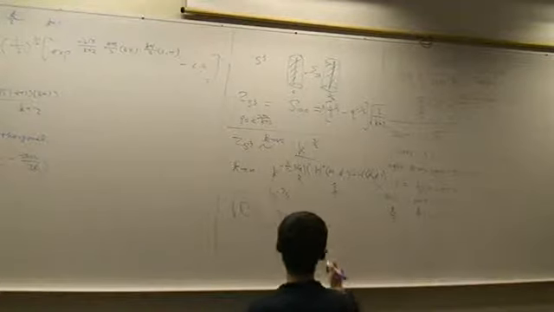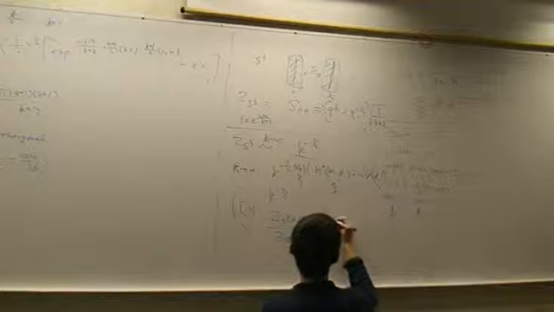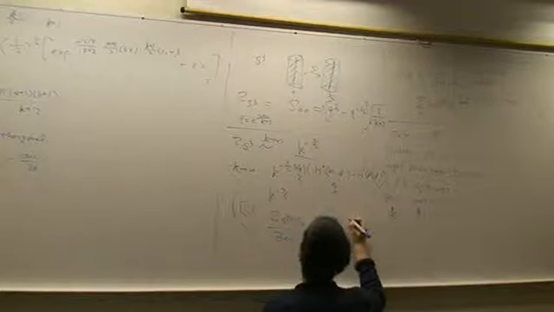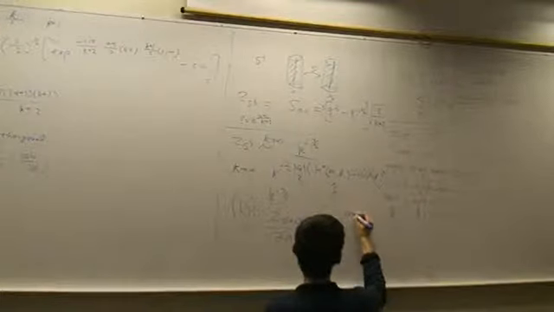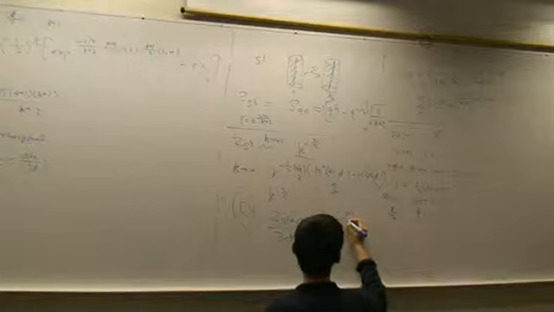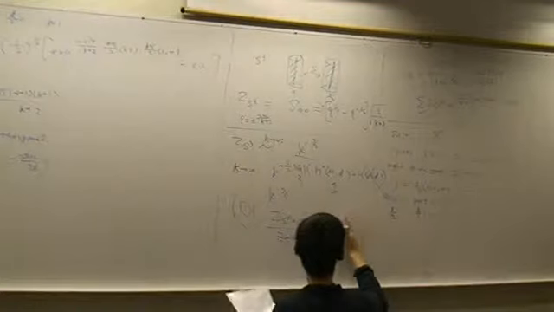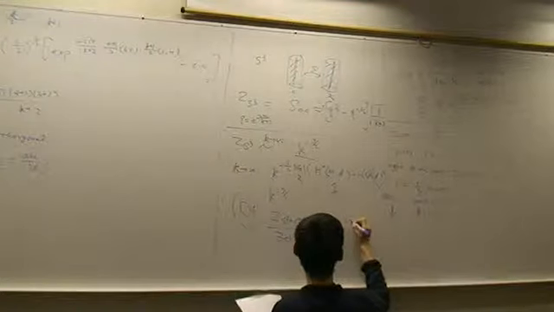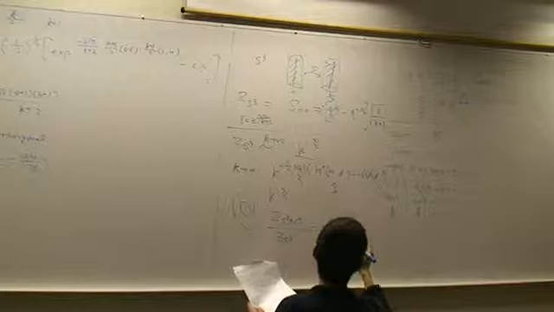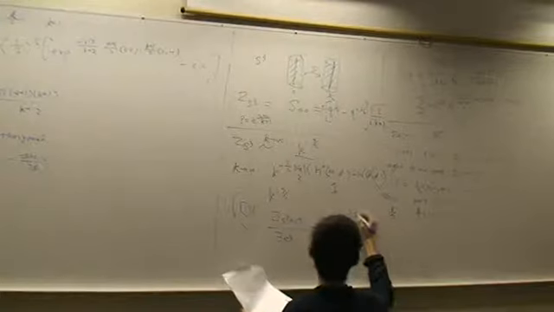What I get is this sign. In this case, it's k plus 2. That's a pi.